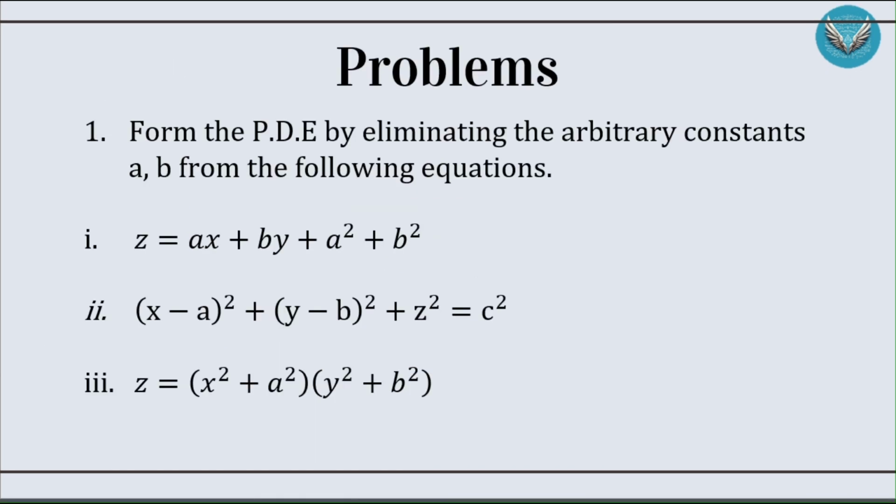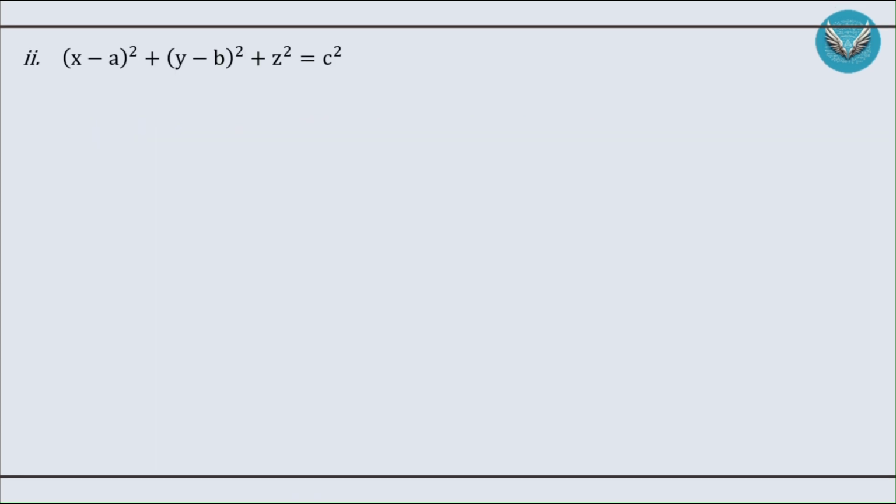So the next question is (x minus a) whole square plus (y minus b) whole square plus z square is equal to c square. So this is the second question. As usual, again we are differentiating partially with respect to x as well as partially with respect to y.